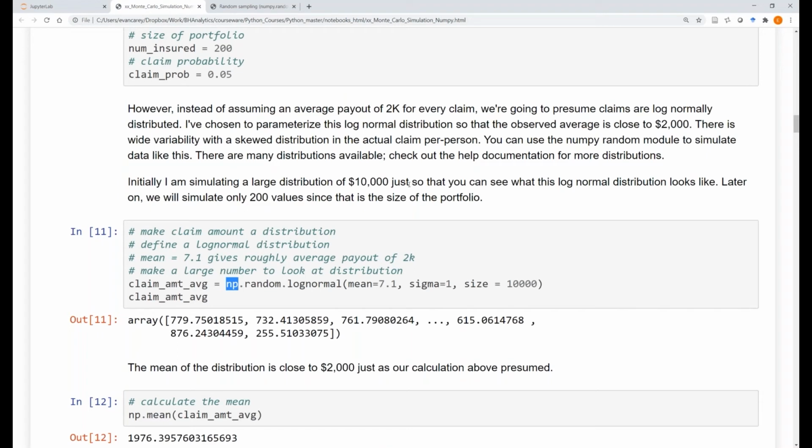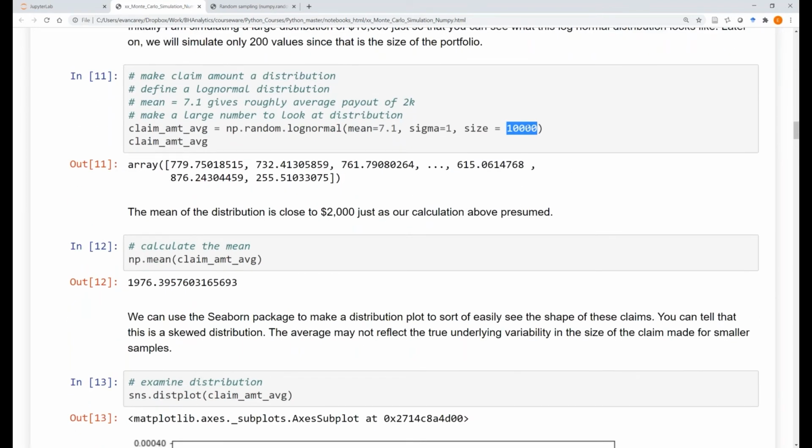Okay, so now we're going to simulate a large distribution of these, of size 10,000. That's 10,000 people coming out, and we look at this distribution of log normal claims. If I simulate 10,000 draws from the random variable, the first one was $779, the second one was $732, the third one was $761, and so forth, and there's 10,000 of these.